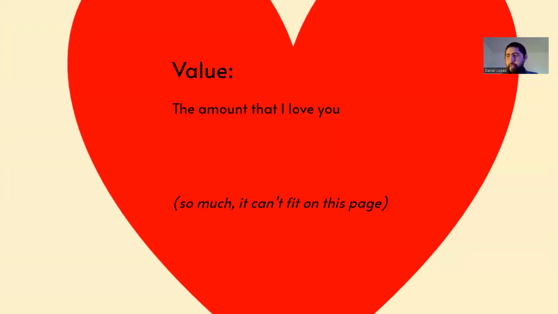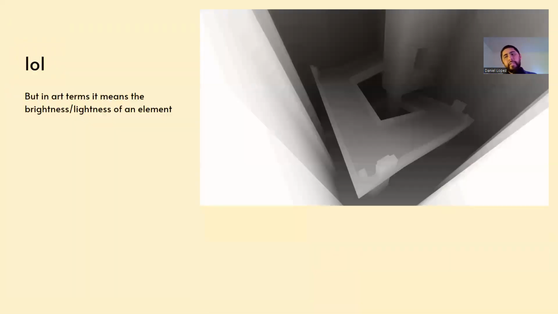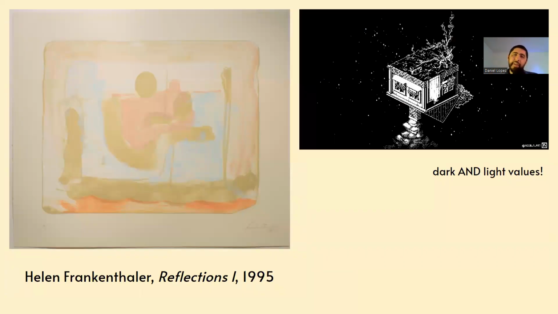Value is how much I love you. Haha, just kidding. But it means the lightness or darkness. On the left hand side, we see a painting by Helen Frankenthaler, one of my favorite artists, that has a lot of light values in it. On the right hand side, it's extremely dark and extremely light, so there are very dark values and very light values.